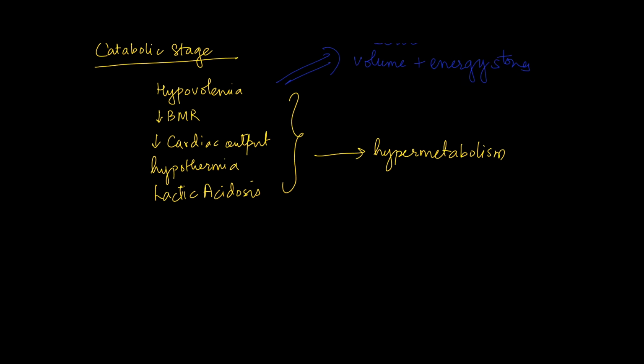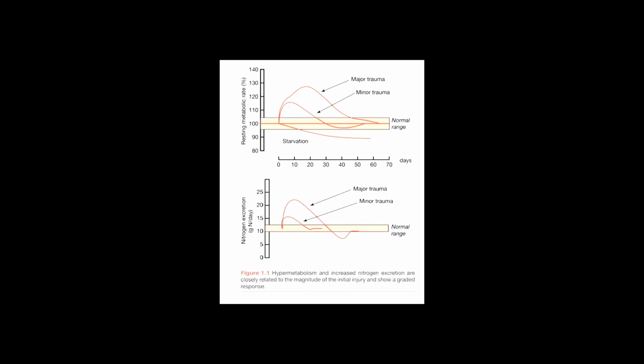Okay, so every individual responds differently to any sort of injury, which depends on certain factors. For example, the magnitude of the injury is one of the factors which is very important in terms of the response. This is a very important image when it comes to understanding the metabolic response.